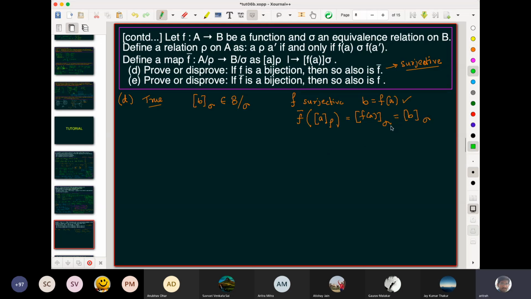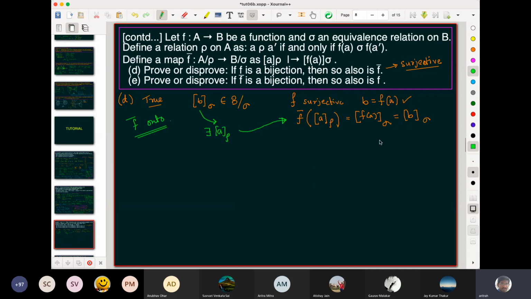So it implies that this B sigma has a pre-image. There exists a class rho such that we have this. So F bar is also surjective. Okay. Yes or no? Yes, sir.